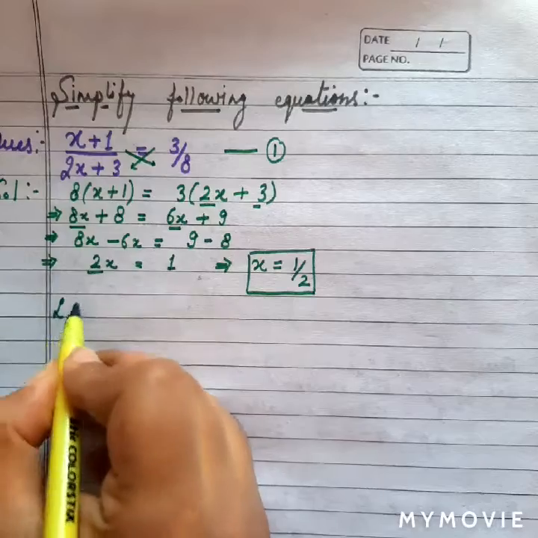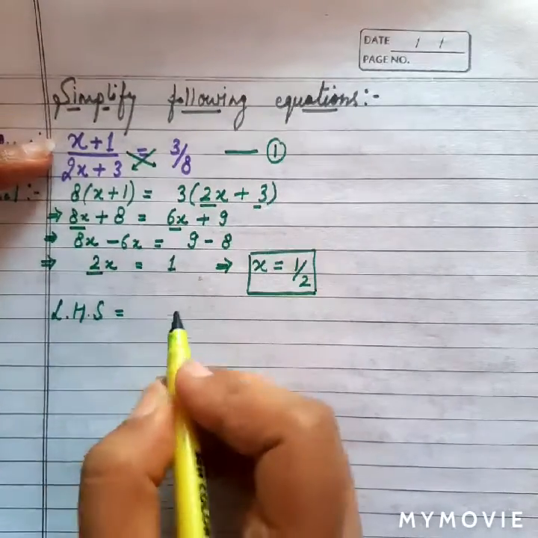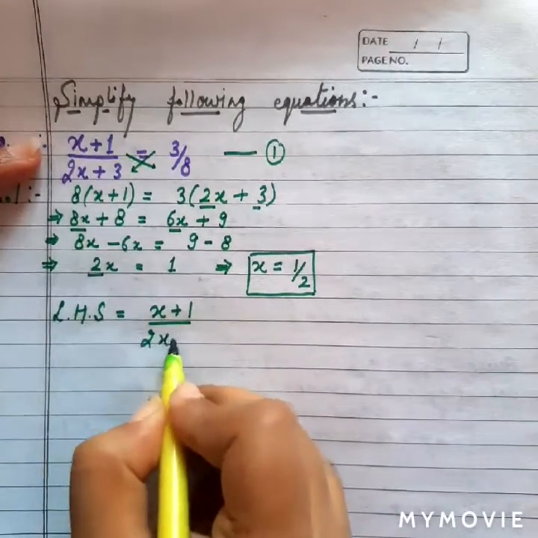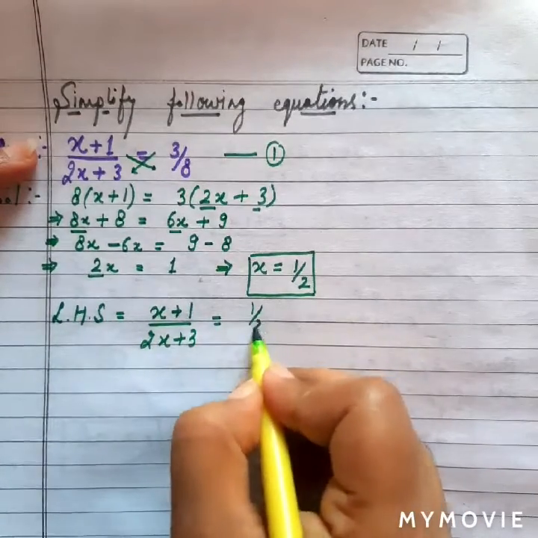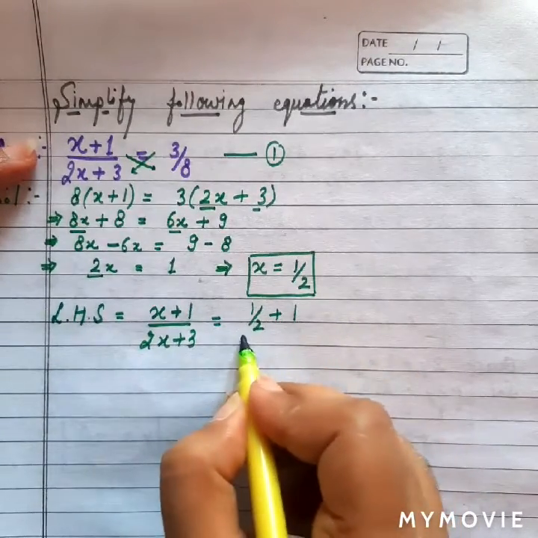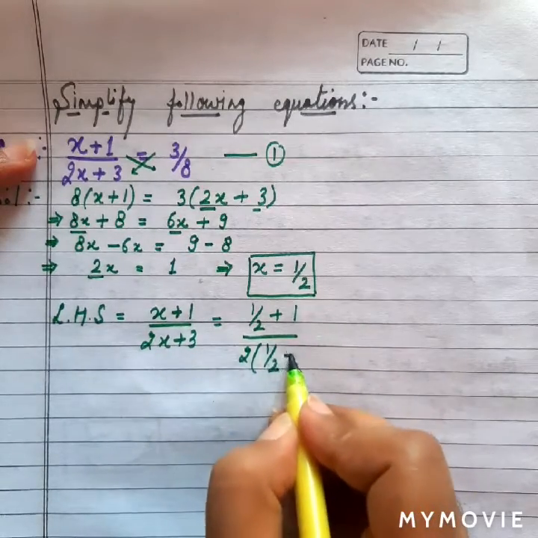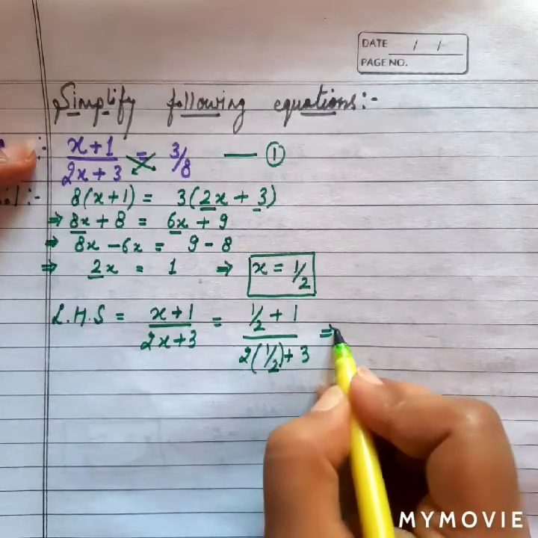So just take left hand side, put the value of x over there. It was (x plus 1) divided by (2x plus 3). x is equal to 1 upon 2, so (1 upon 2 plus 1) divided by (2 multiplied by 1 upon 2 plus 3), right?